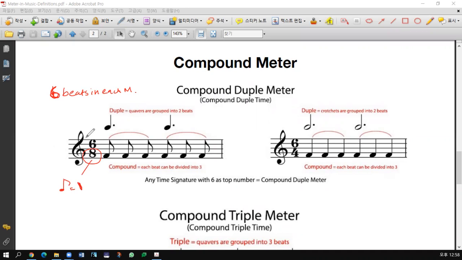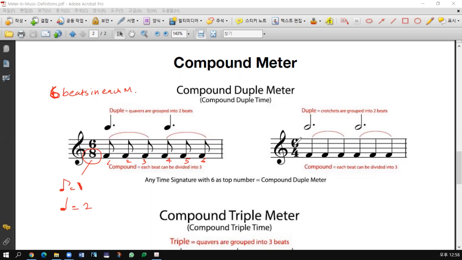So in this song, the quarter note is not 1 beat anymore, it's 2 beats, okay? So let's look at this measure. We have 6/8, that means 1, 2, 3, 4, 5, 6 beats in each measure.